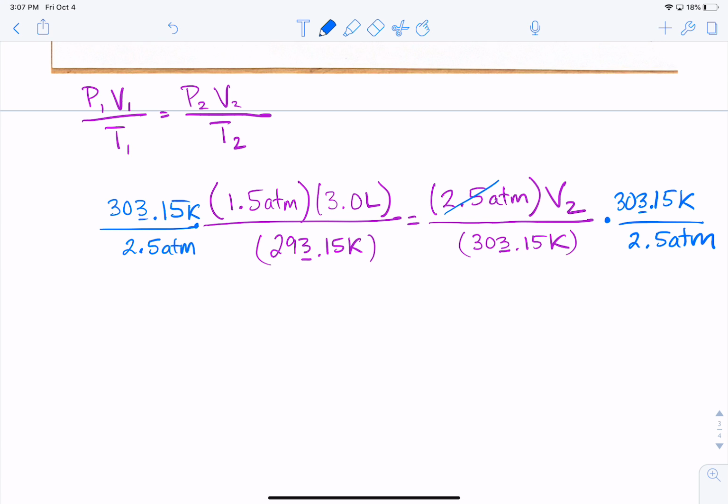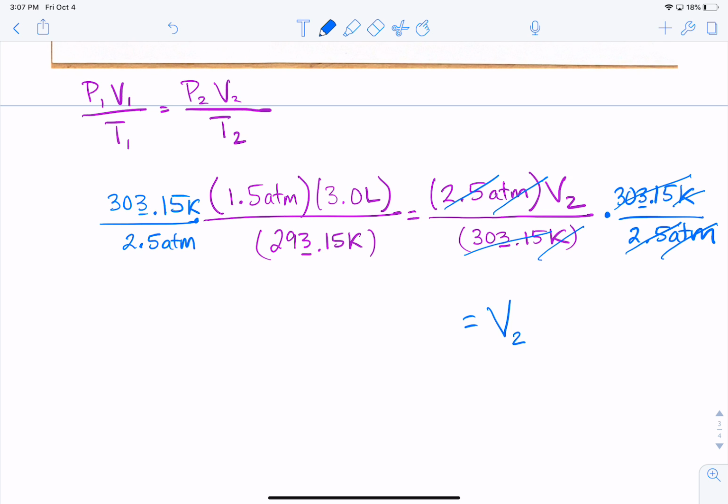My 2.5s cancel, my ATMs cancel, 303.15 cancels, my K's cancel. I am left with V2, so I'm looking for volume. On the left-hand side, I look at my units and make sure, Alex, it's all set up, right? So my K's cancel, my ATMs cancel, and I'm left in units of liters.